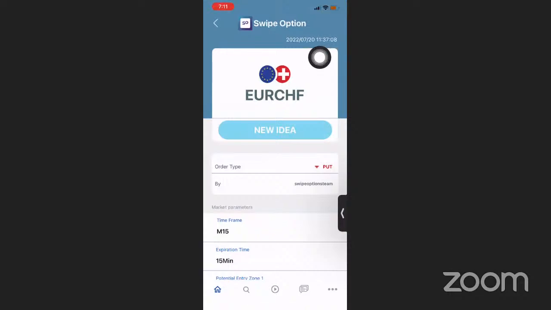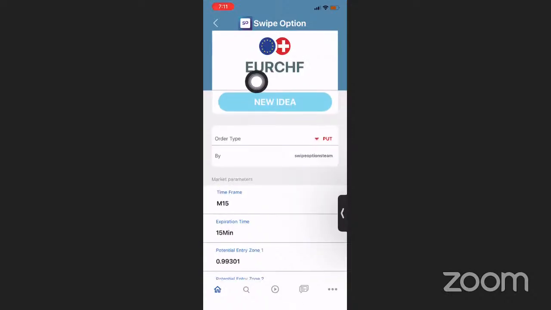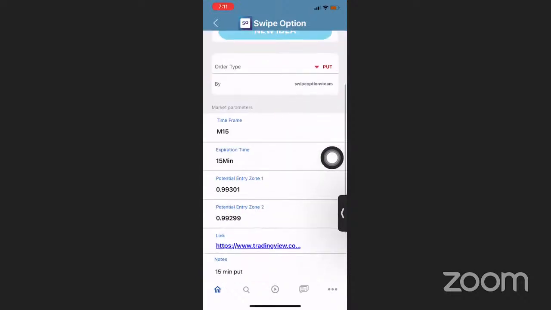But you can see right here, this trade came in at 11:37 this morning, my local time. This time is going to be determined by your phone settings. Okay. So this idea is Euro CHF. This idea also says put. This idea is 15 minutes, and the potential entry points could be this, or in between the two.